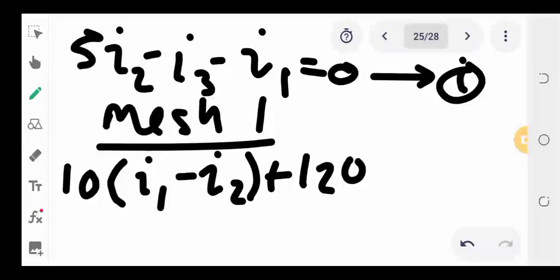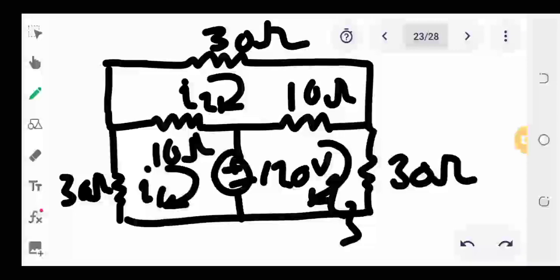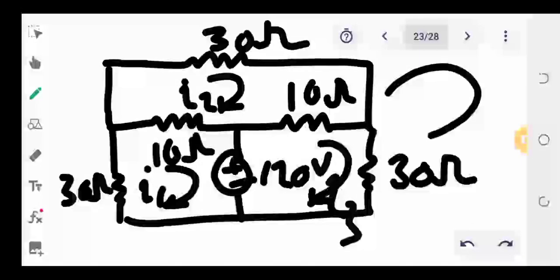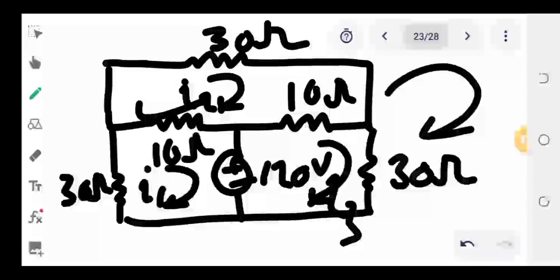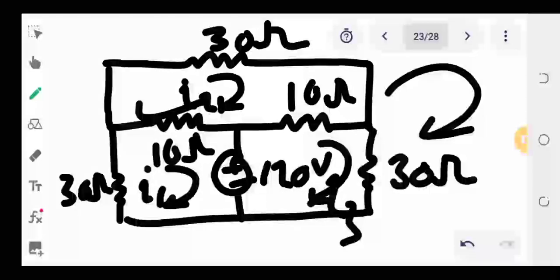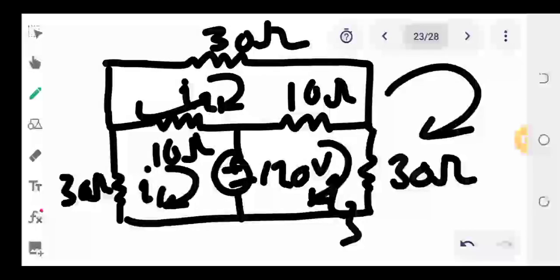See, here is the voltage source. We are moving in this direction. So we have a 10 here and two currents opposing each other, which is I1 minus I2, plus this voltage source. Here the voltage source has to be added, so we add the voltage source.